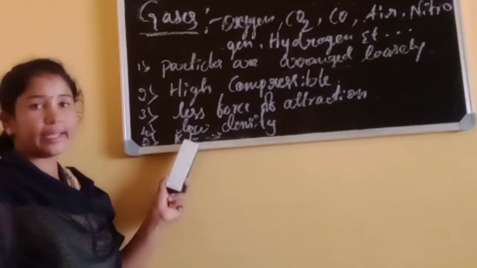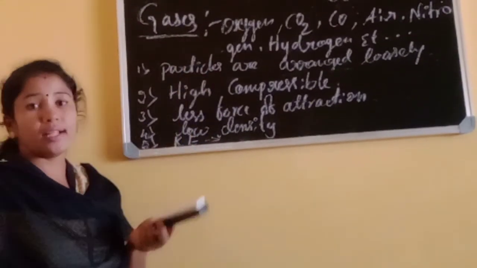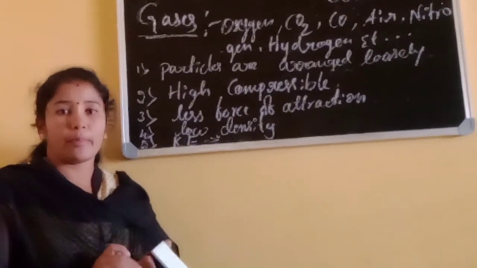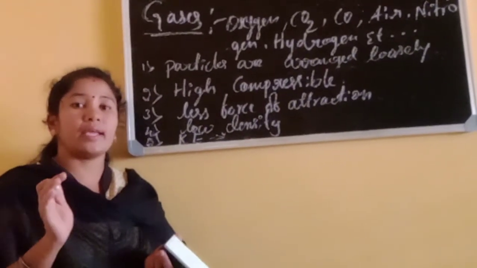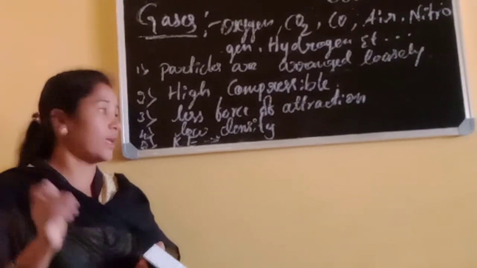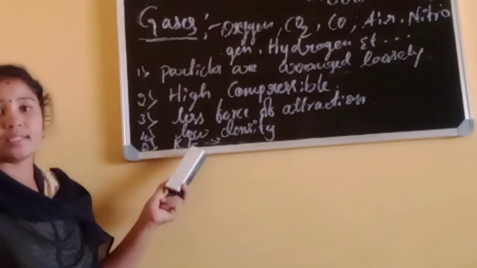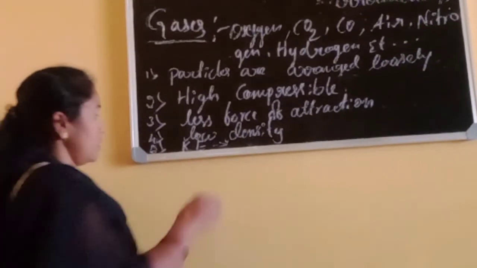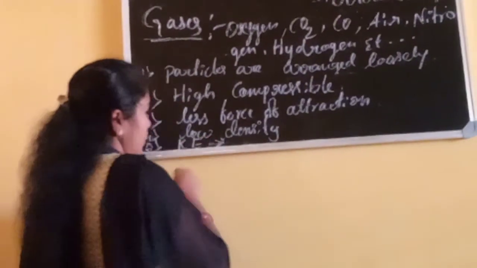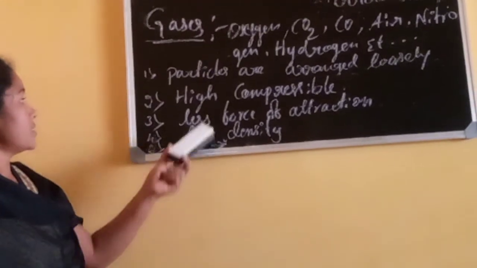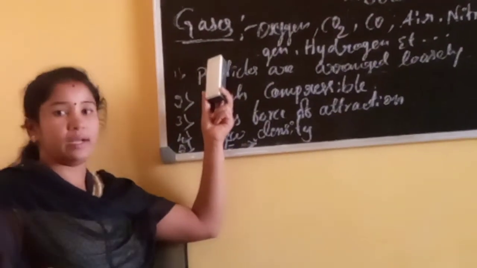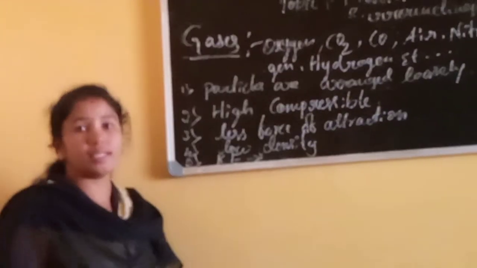These gaseous particles are always moving freely or randomly here and there, so kinetic energy is high in the gaseous state. And one more thing, gases have neither definite shape nor definite volume.